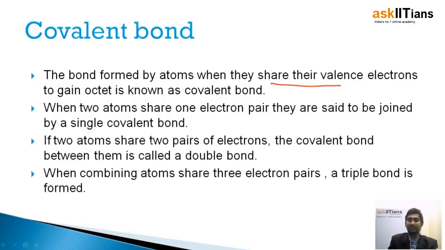If one pair is shared, it is a single bond. If I have two pairs of electrons, then there is a double bond. Similarly, with three pairs of electrons, a triple bond. Like in N2, there is a triple bond. In O2, there will be a double bond.